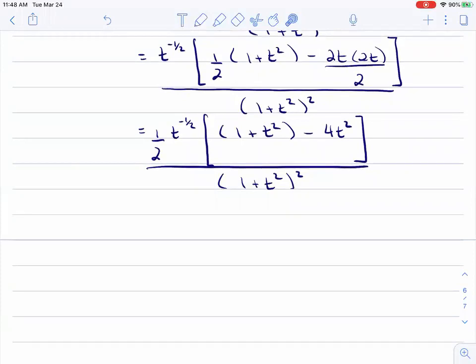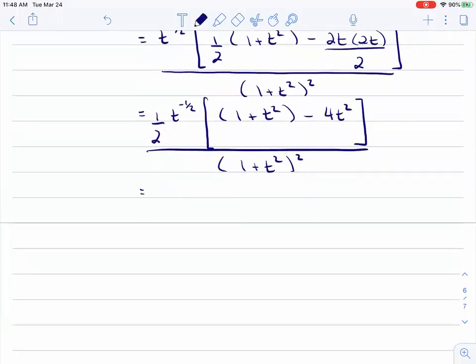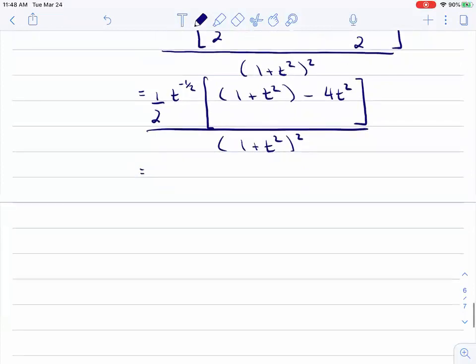Now this whole section I can bump down to the denominator. The 1/2 I can rewrite in the denominator, and then the t to the negative 1/2 just becomes t to the 1/2 in the denominator. So what do I have here? I get 1 plus t squared minus 4t squared over 2t to the 1/2 times 1 plus t squared, squared.